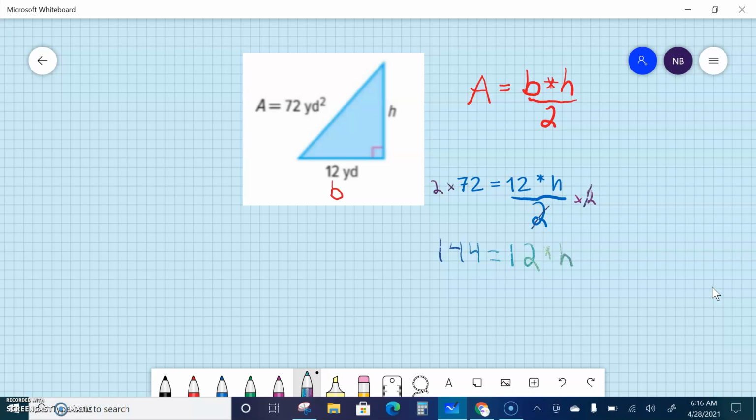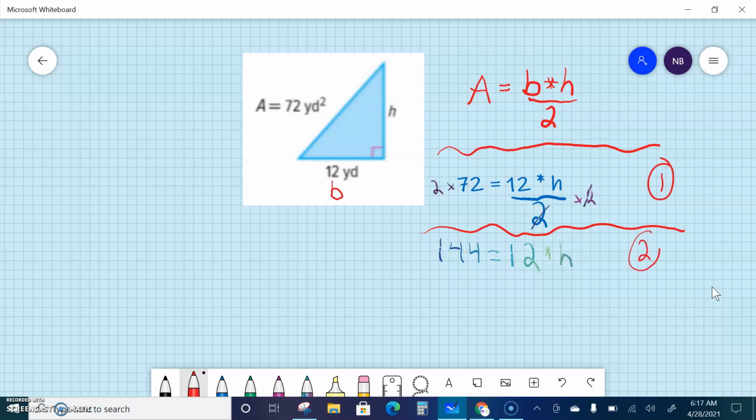Okay. All right. So after a few steps here, I'm going to make some boxes here, some lines so you can see the steps. Okay. All right. We had step 1, and then we had step 2. All right. Now, step 3 is going to be to get rid of the 12.